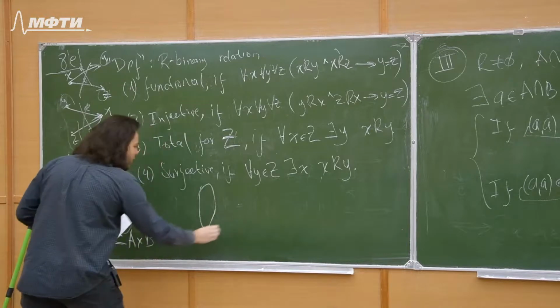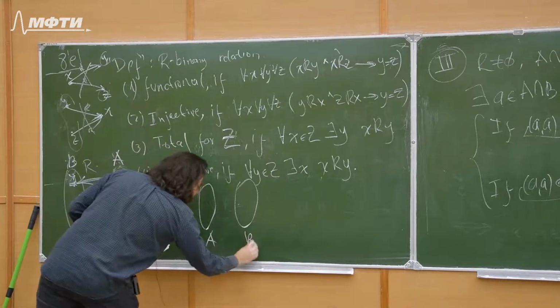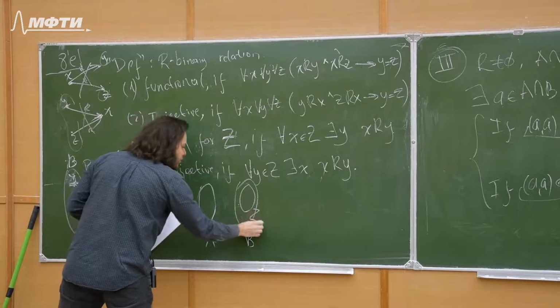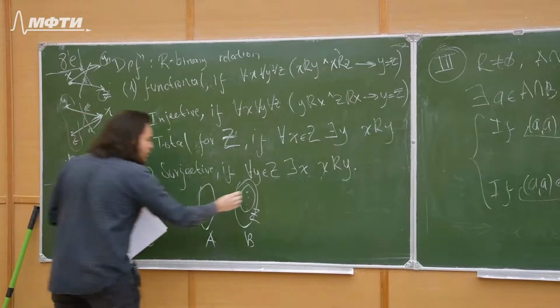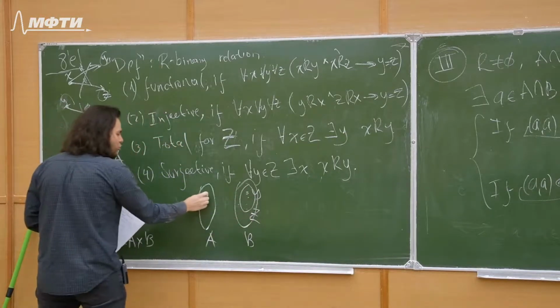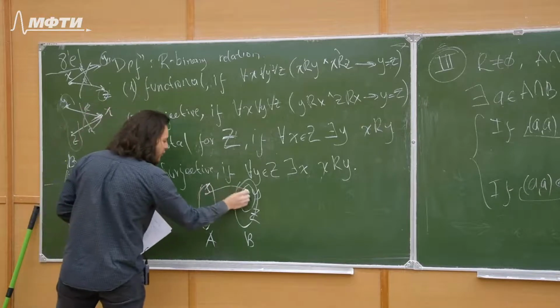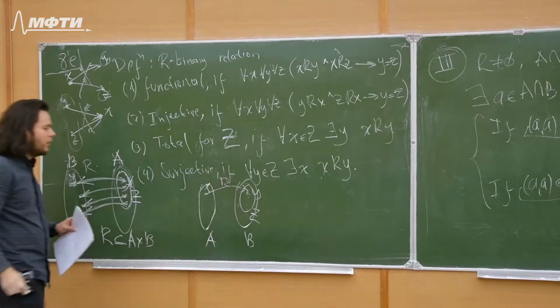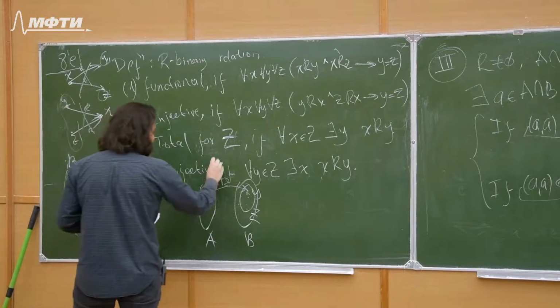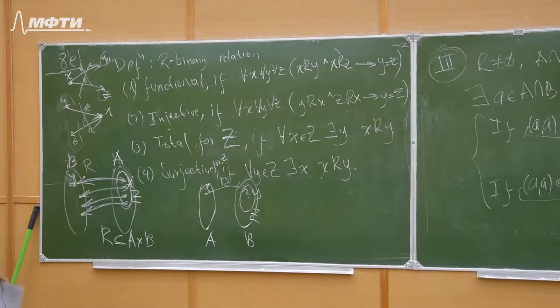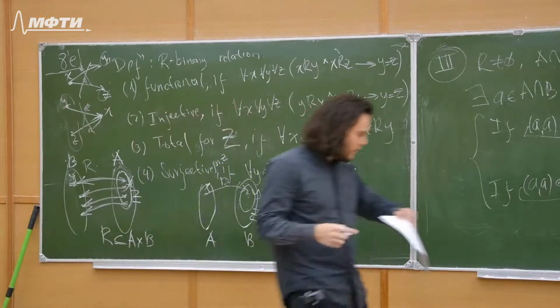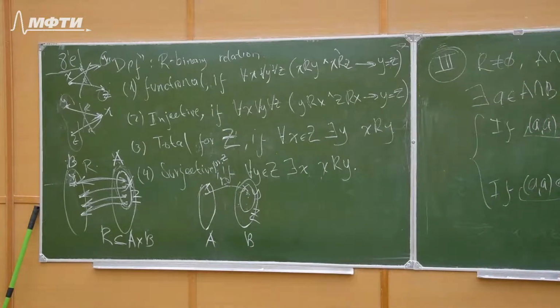So if we have here A and B, then we look at some subset of B, we call it Z, and then for all the Y in Z, there should exist some X in A such that we have X R Y, okay? And this is surjective for Z as well, okay? So these are the four kinds of binary relations that we have: functional, injective, total, and surjective.